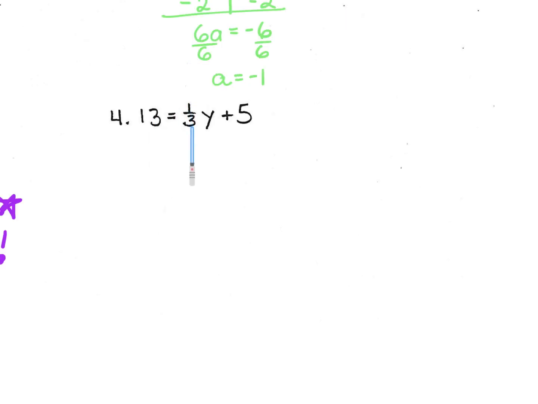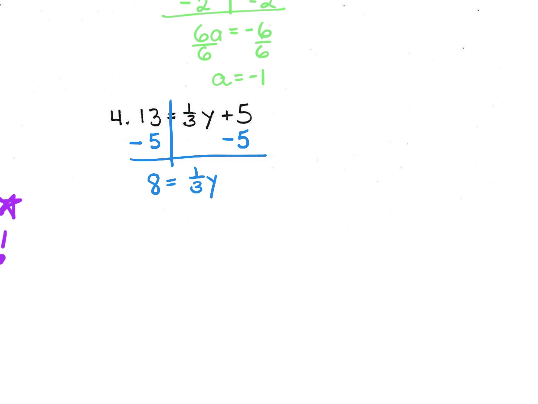13 equals 1/3 y plus 5. We are going to undo addition or subtraction first, which would be subtracting 5 on the right, which means I also need to subtract 5 on the left. 13 minus 5 is 8, and we still have 1/3 y on the right.